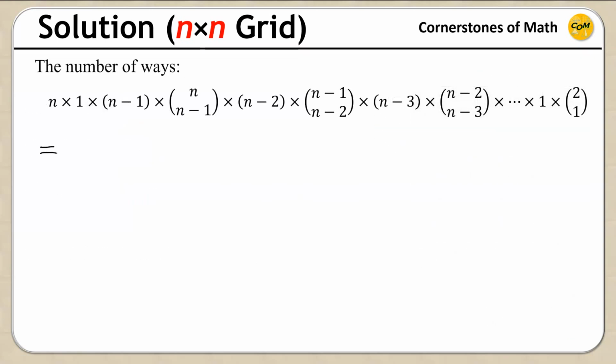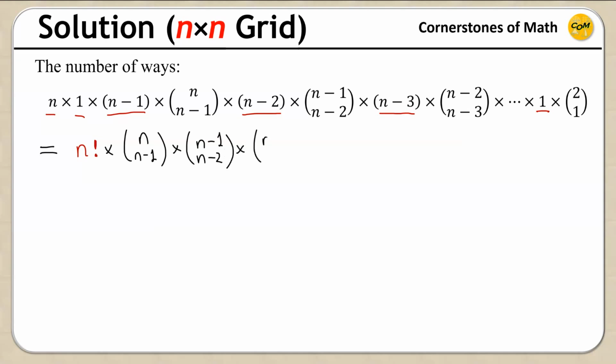Let us simplify this. If we multiply all non-combination parts, we have n times n-1 times n-2 times n-3 times so on times 1, which gives n factorial. Then we have the combination parts n choose n-1 times n-1 choose n-2 times n-2 choose n-3 times so on times 2 choose 1.